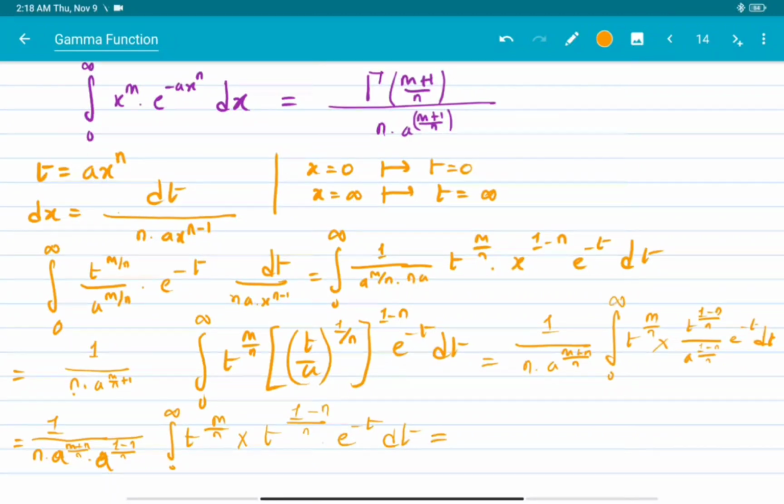Okay, and this is nothing but 1 over n times a to the power m plus 1 over n, the integral from 0 to infinity. And yeah, this is quite boring, and you need a bit of patience to solve this out. Great.